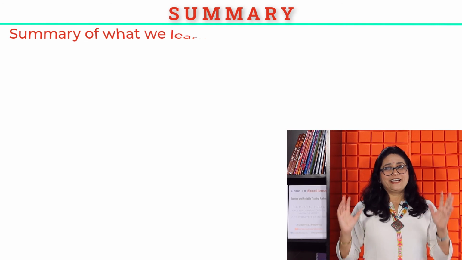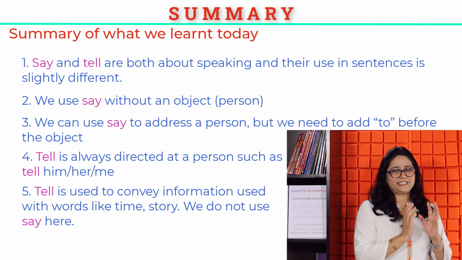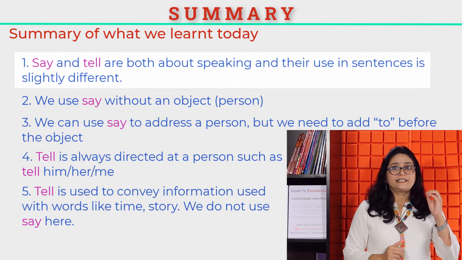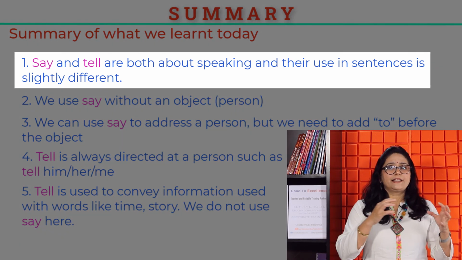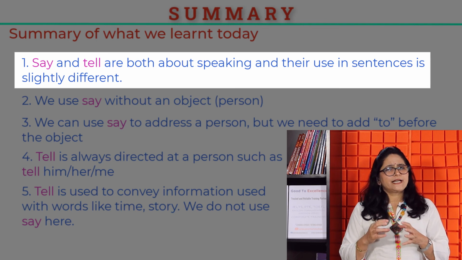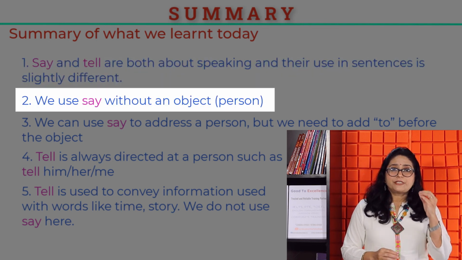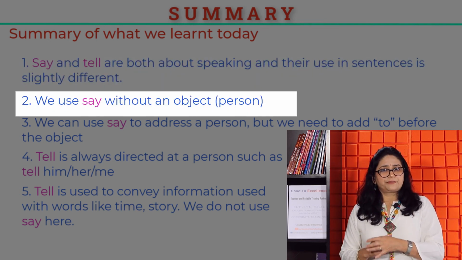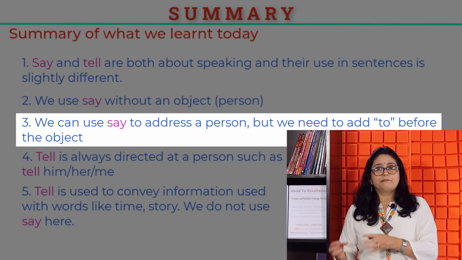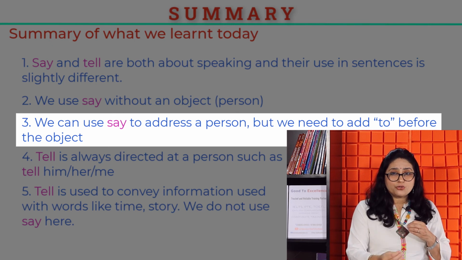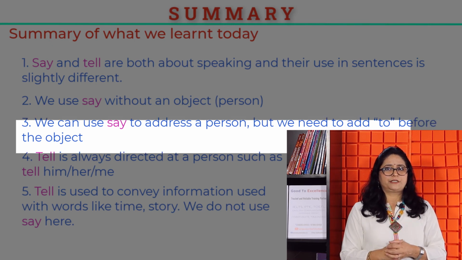Okay, now let's quickly recall what we just learned. Say and tell are both about speaking, and their use in sentences is slightly different. We use say without an object. We can use say to address a person, but we need to add to before the object.